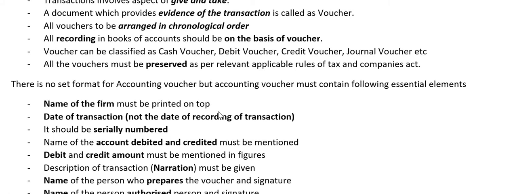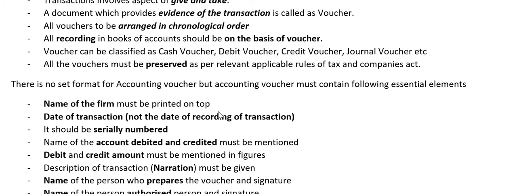Say a cash voucher is prepared for cash given of 500 rupees to Mr. X. If cash is given today, then the date mentioned on the voucher is today's date, not the date on which recording of the transaction is done.